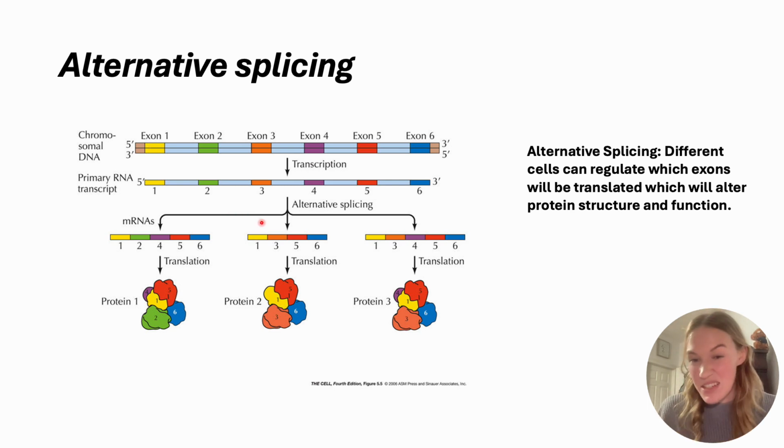And this is actually supported. We think that there's about 100,000 proteins in the human body, roughly, but only 20,000 genes. So that is in part due to alternative splicing. This is one of my favorite things. You should absolutely expect a test question on this because I think this is absolutely incredible. So neat. Let's keep going.